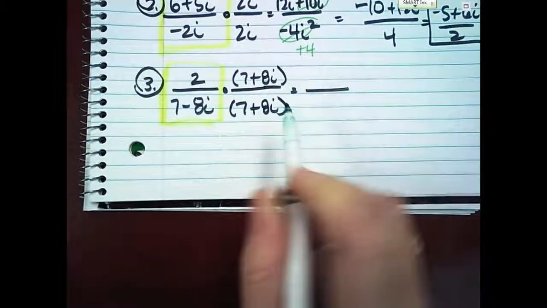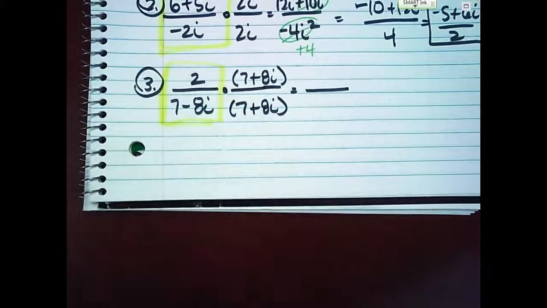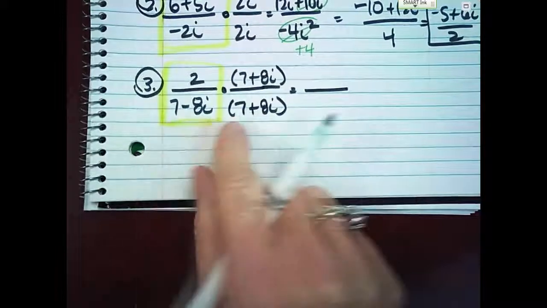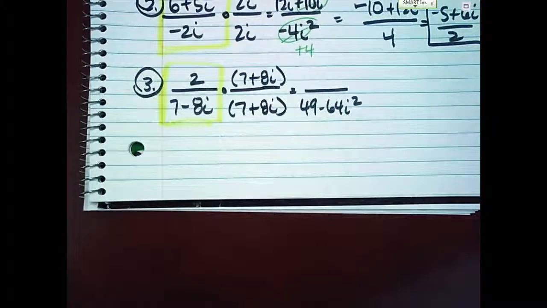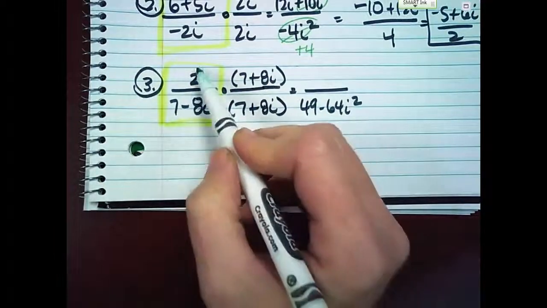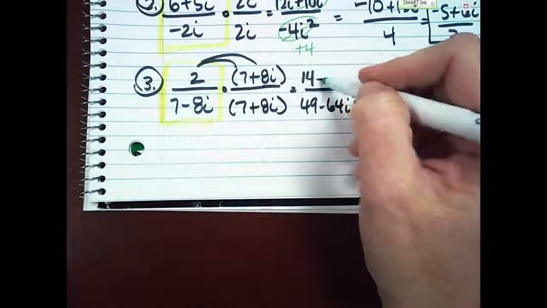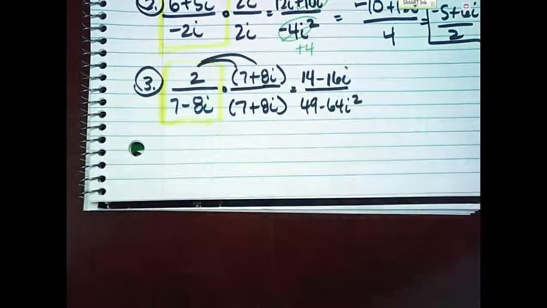When I FOIL, because the denominator is conjugates and I know my middle terms are going to cancel, instead of FOILing, I can just do first and last. So 49 minus 64i squared. In the numerator, multiply 2 by both to give me 14 plus 16i.